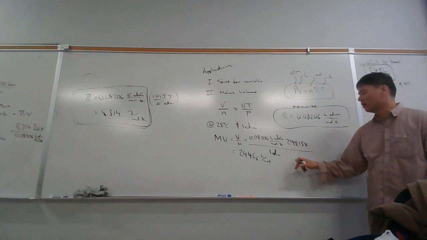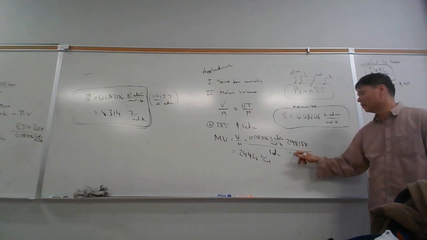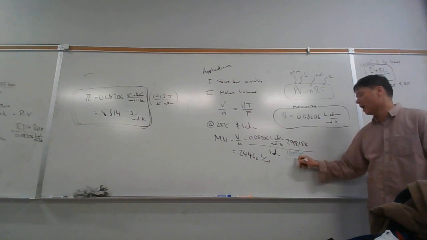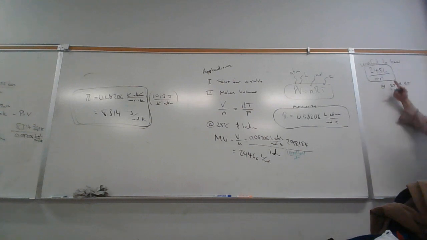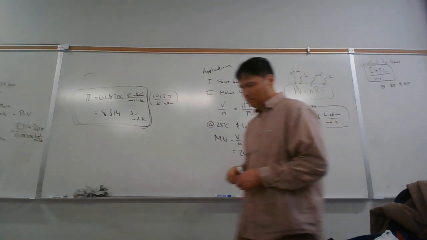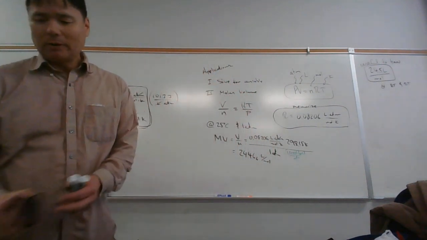If I need this in bar, I would have used 101.325 bar per atmosphere down here. So if I take this number and divide it by 101.325, then I should get it in bar.